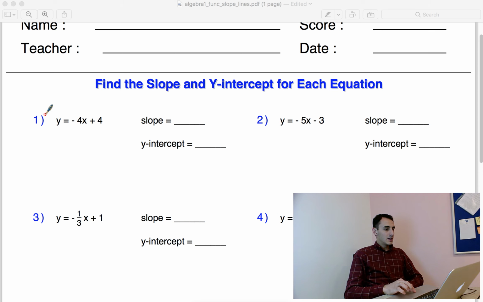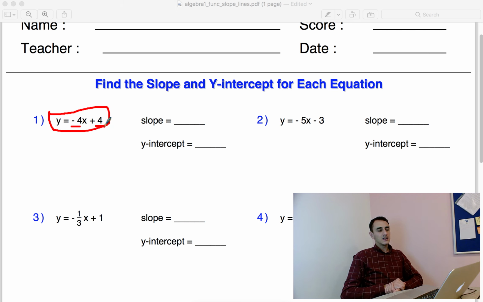Okay, we have an equation of the line. We have two numbers here, -4 in front of x and +4 here. And we are asked to find the slope of the line and the y-intercept of the line.